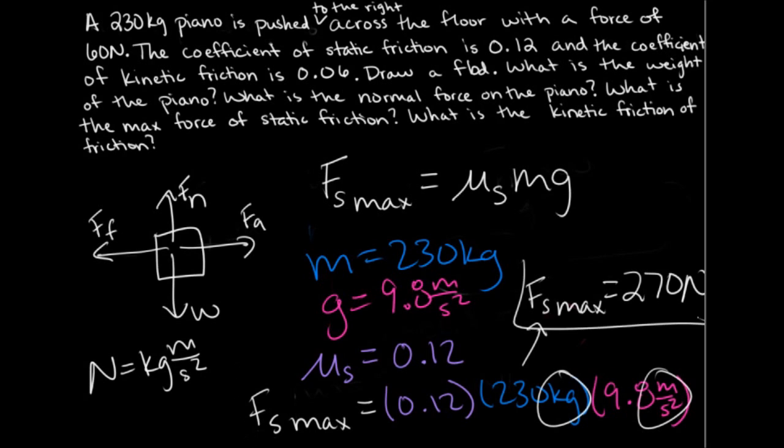So the maximum force of static friction is 270 newtons. If you want to move this piano, you have to apply a force of 270 newtons. This person is only applying 60 newtons, so that piano is actually not being pushed across the floor. He's trying to push it, but it isn't moving.